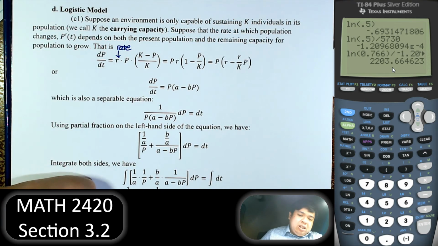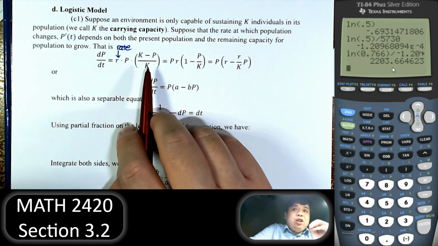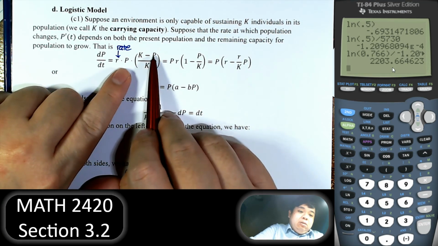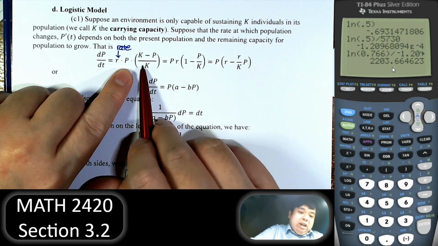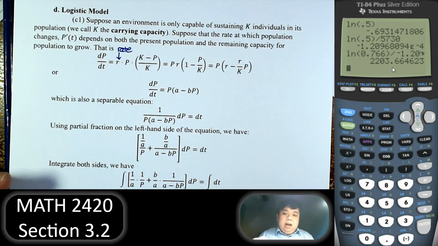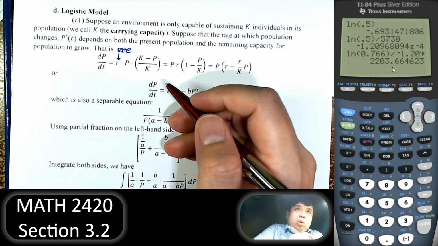It depends on how much room is left to grow, like K minus P, meaning how many more people the environment can hold, over K. So this gives us a percentage of how much is left to grow compared to how much we can have.